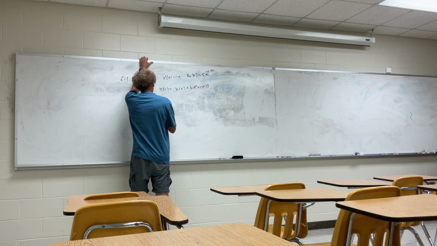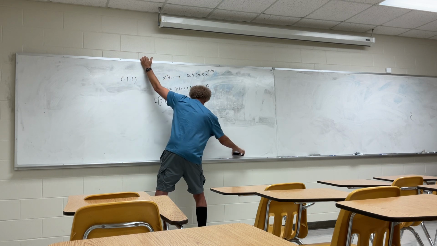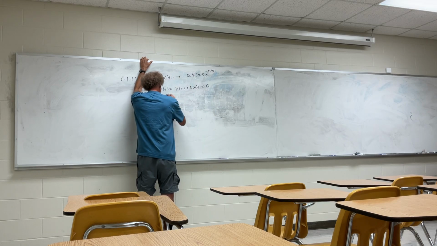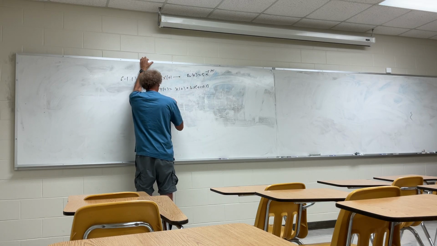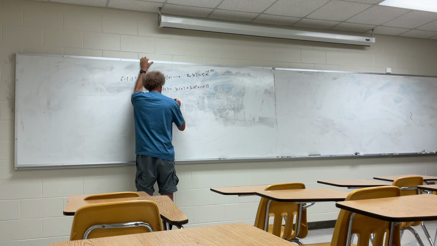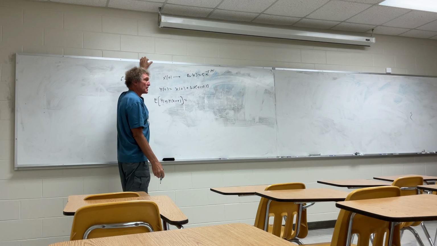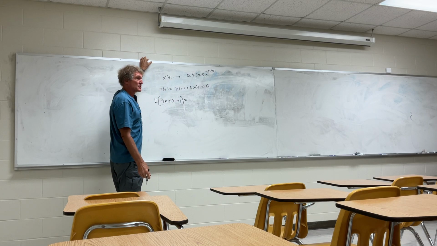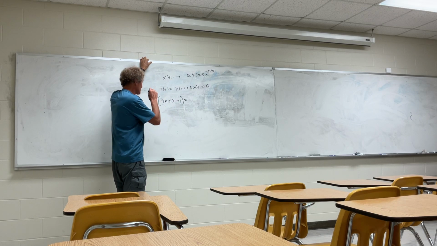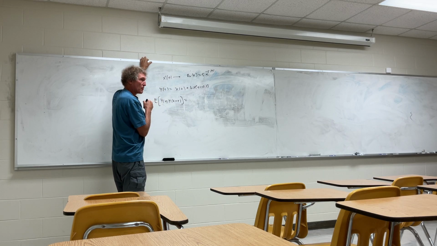Anyway, when we get the expected value of y of t times y of t plus tau, the only thing you're going to do for this one, I hope everybody did this, is put by the definition, substitute in t and t plus tau for the arguments there, and then break it out.